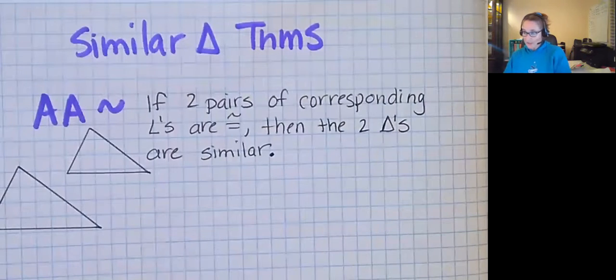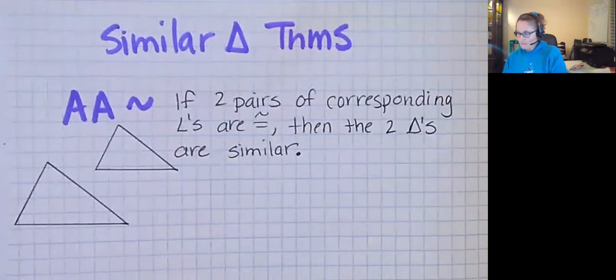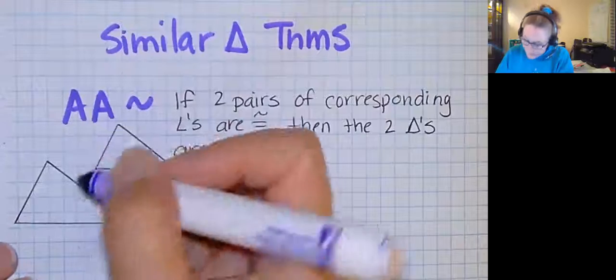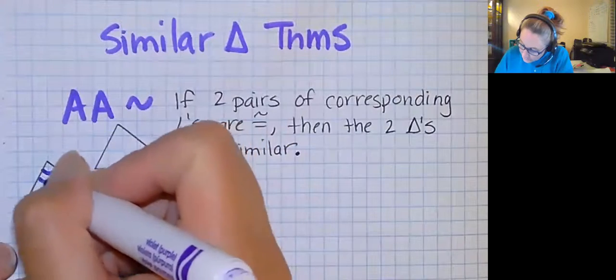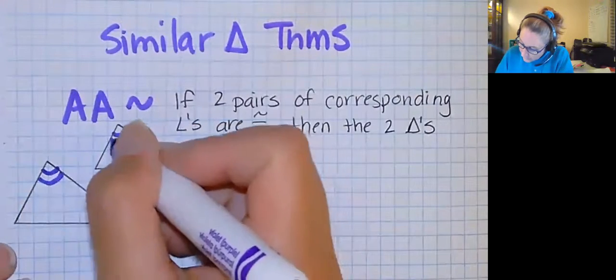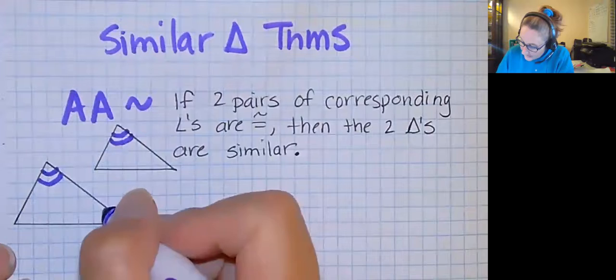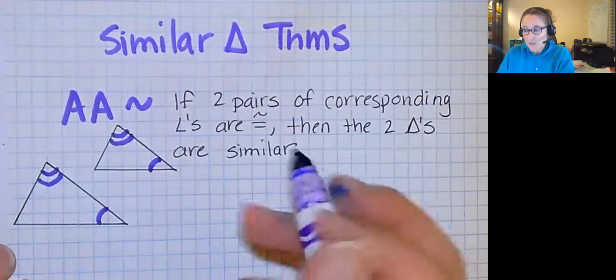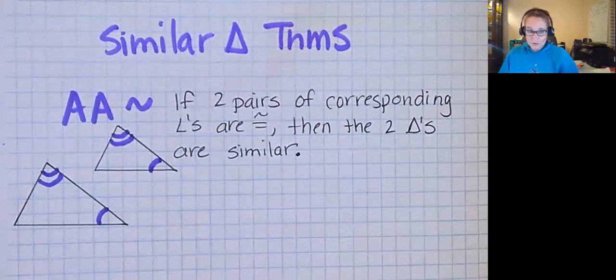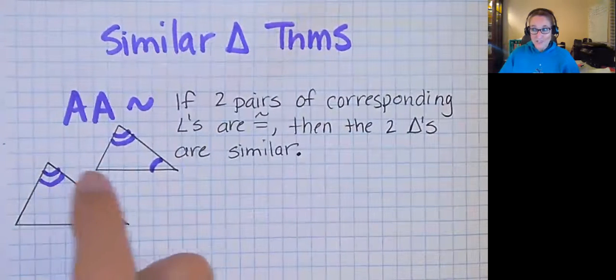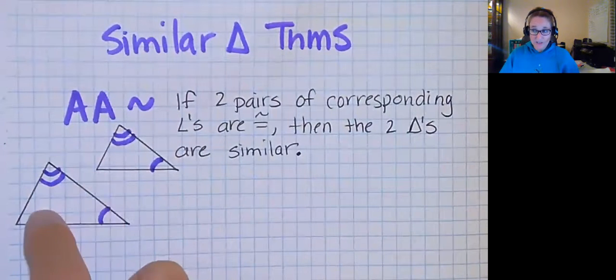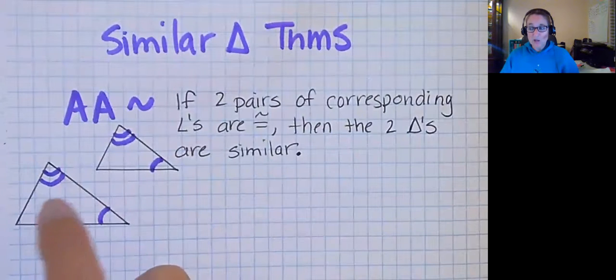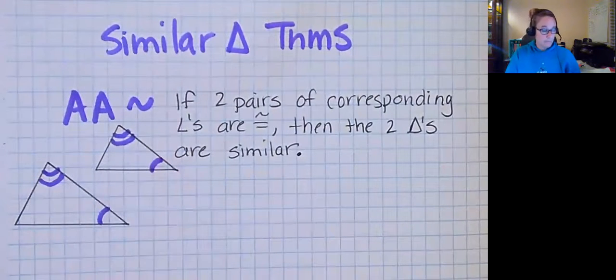So let's say I've got these two triangles. And let's say this angle and this angle are congruent, and this angle and this angle are congruent. Then these two triangles are similar. And again, the third angle would have to be the same because of the triangle angle sum, so we do not need all three angles. We just need two of them.